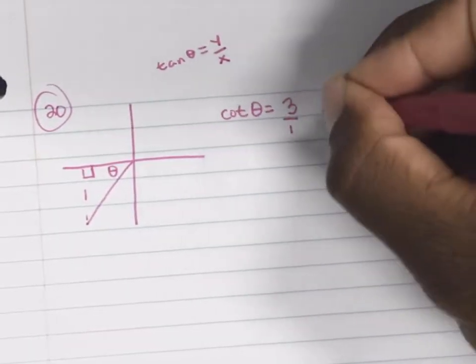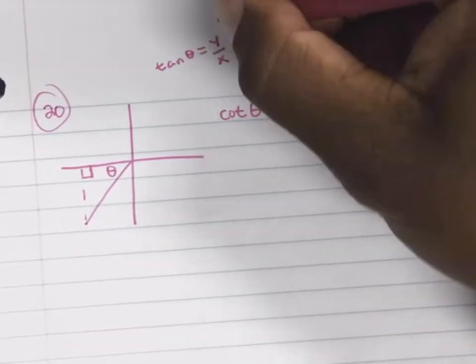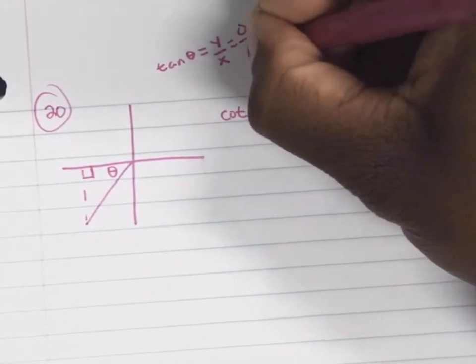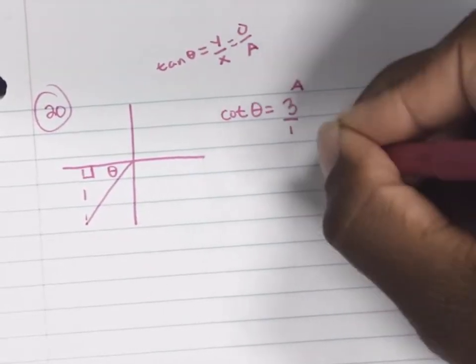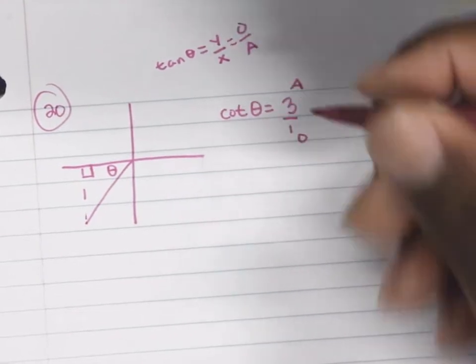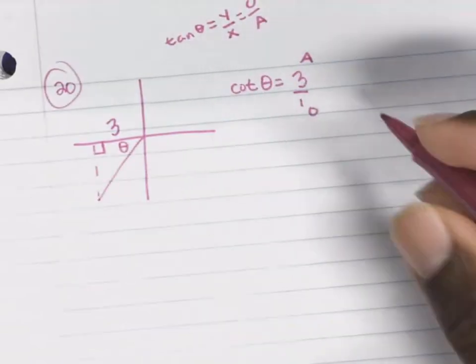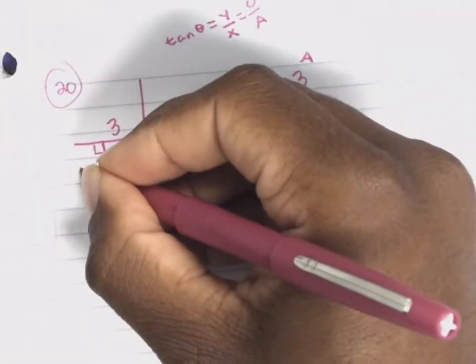So cotangent would be the opposite, x over y. Or I probably should say, because I think this is what we've been doing, TOA is O over A. So cotangent would be the reciprocal, which is A over O. So my adjacent side would be 3, and my opposite side would be 1.